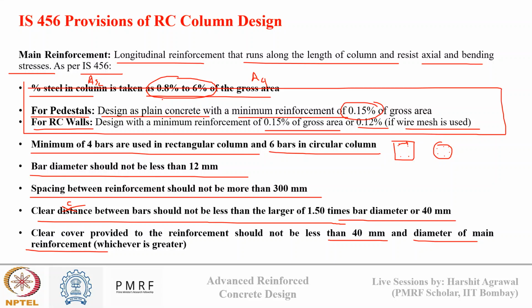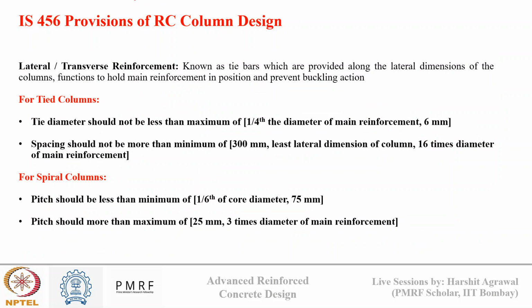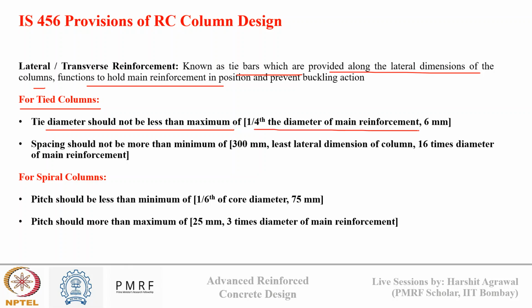Okay, for main reinforcement. And for transverse reinforcement, which are also known as tie bars, they run along the lateral dimension of the column and they function to hold the main reinforcement. So this we have seen earlier also. For tie bars, code says the bar diameter should not be less than 1/4th of main bar diameter or 6 mm.